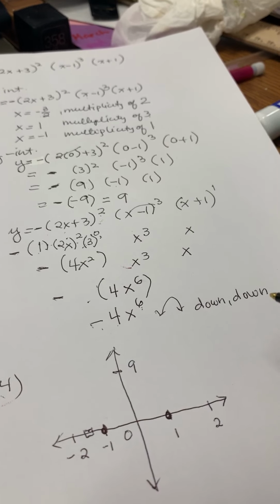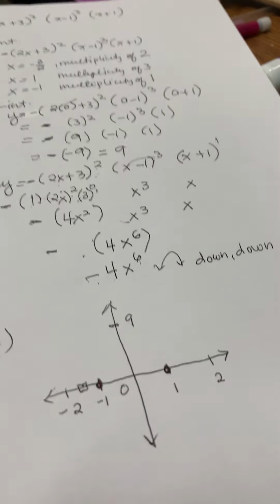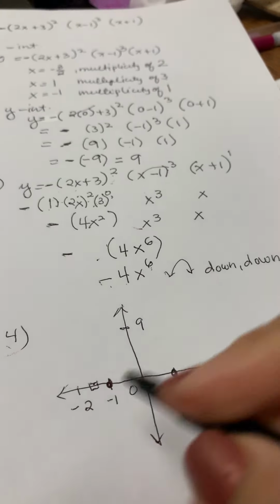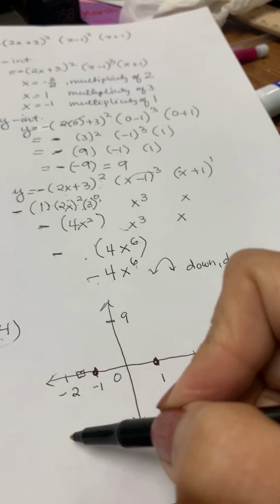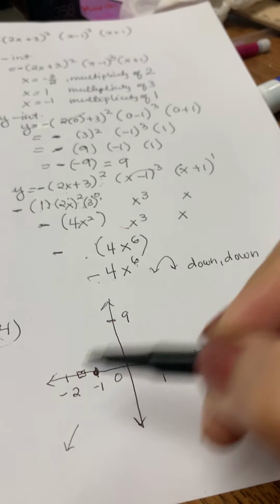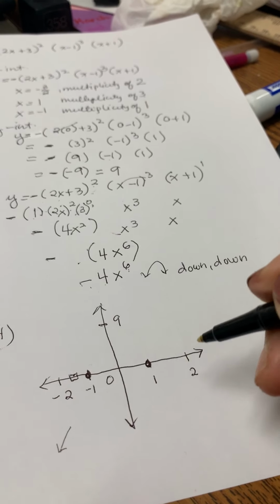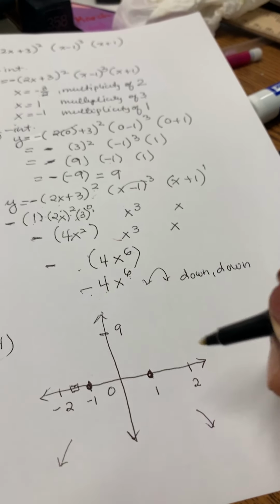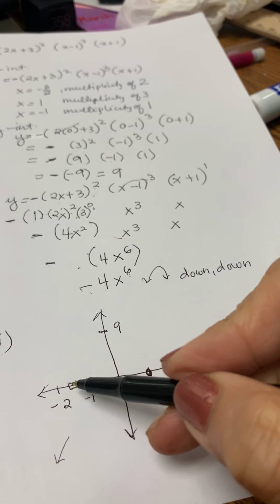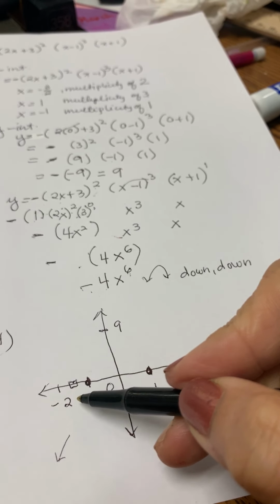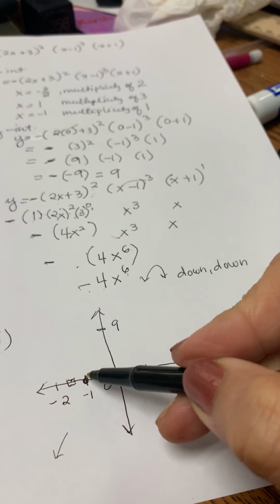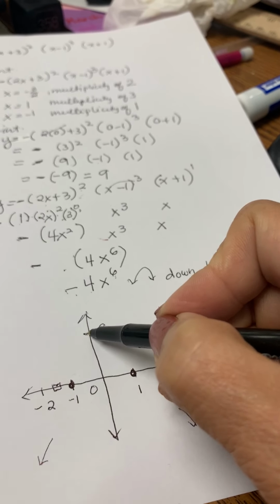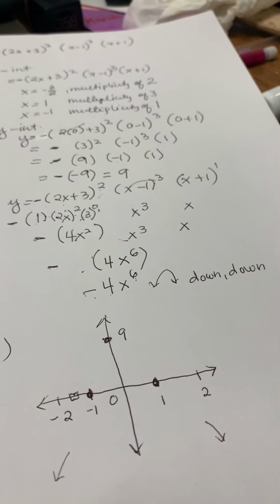And this will be a down, down. So we'll have a down here and a down here also. And we're going to bounce there. Somewhere along the way it will turn and go up. And we're going to hit that one there.